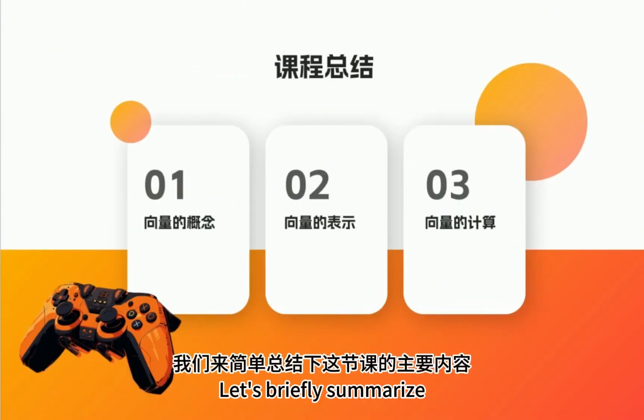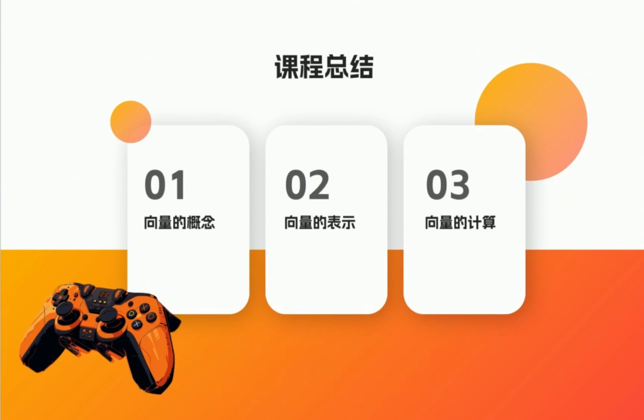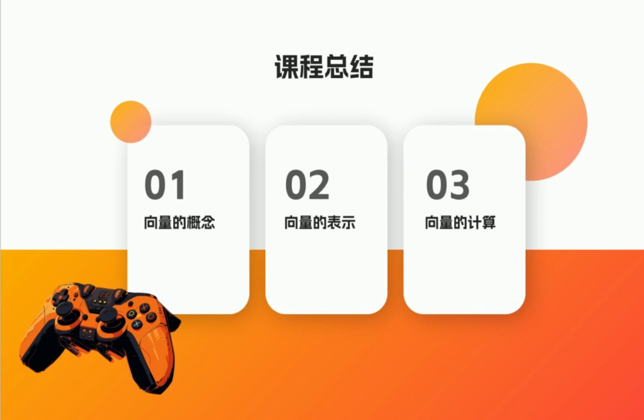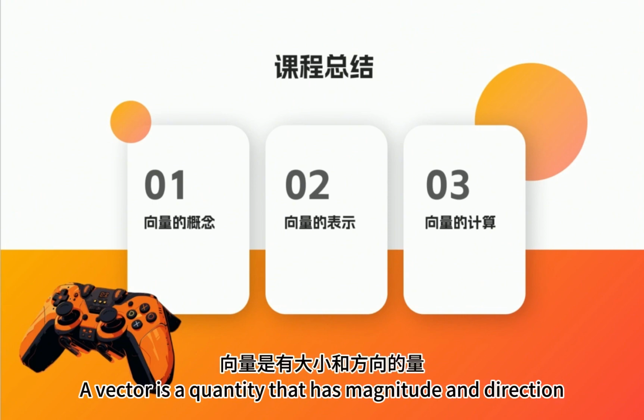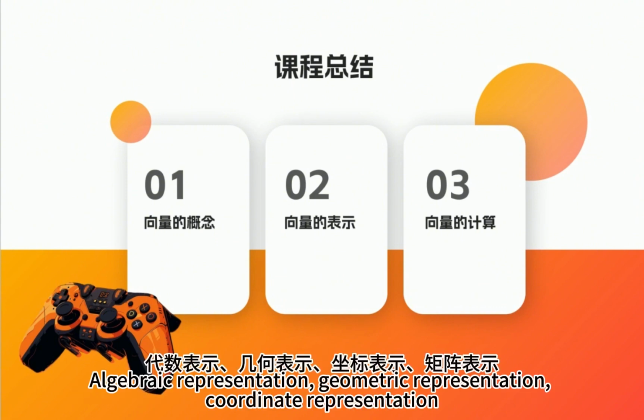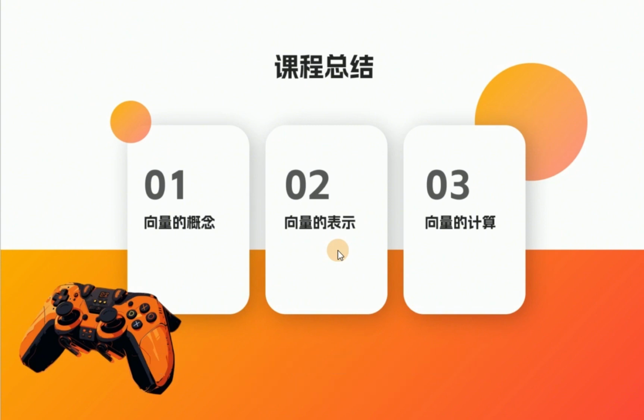Let's briefly summarize the main content of this lesson. We introduced the concept of vectors: a vector is a quantity that has magnitude and direction. Next, we learned about the four representations of vectors: algebraic representation, geometric representation, coordinate representation and matrix representation.